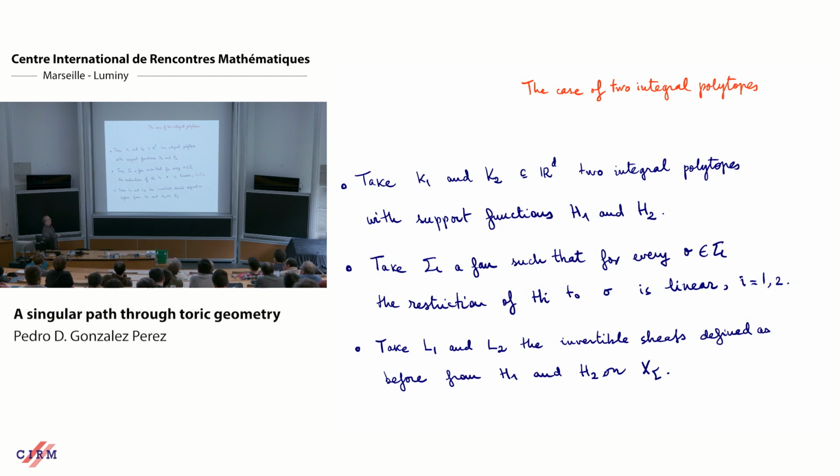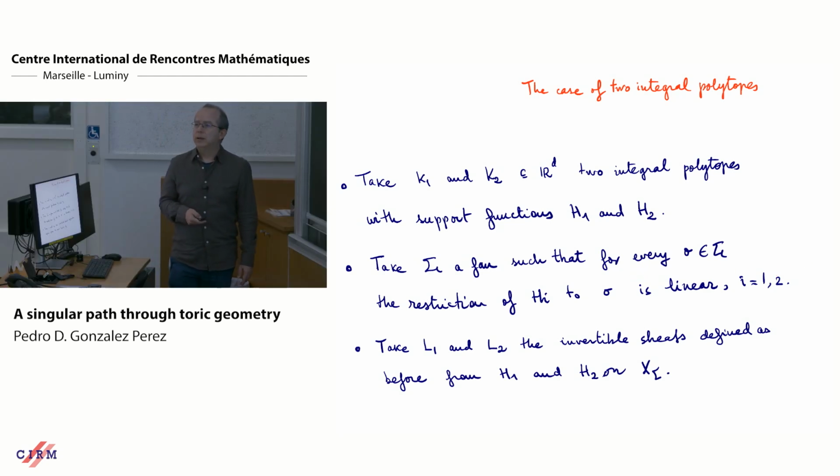So if we take the Minkowski sum of the two polytopes, we can take the dual fan associated to this Minkowski sum, and if this fan is sigma, it's going to verify that for every cone sigma in the fan, the restriction of hi to sigma is also linear for both i equal to 1 and 2. So that we get two invertible sheaves, L1 and L2, as before, from h1 and h2 on the toric variety X sigma.